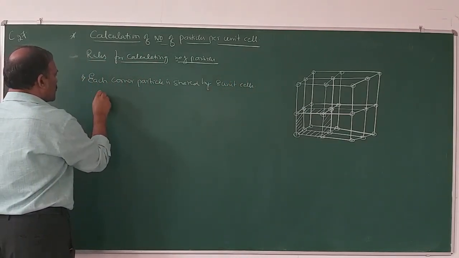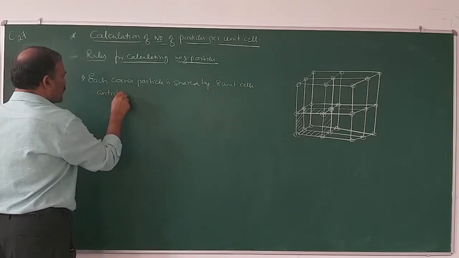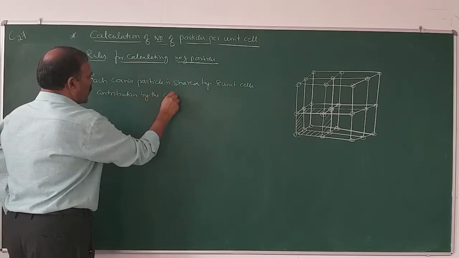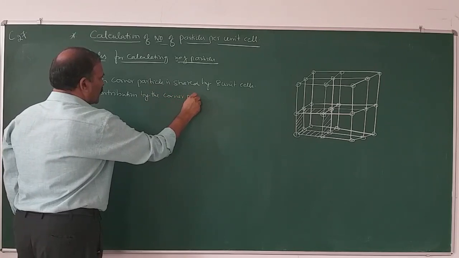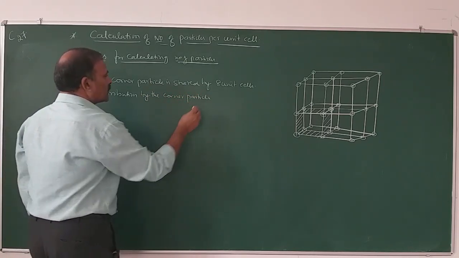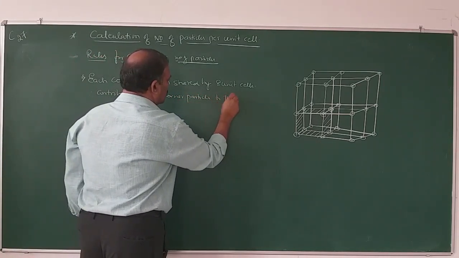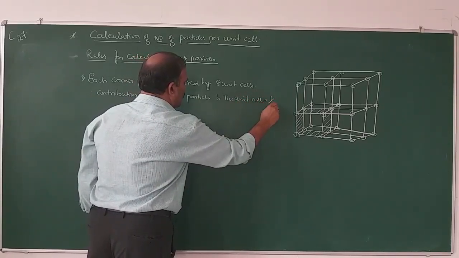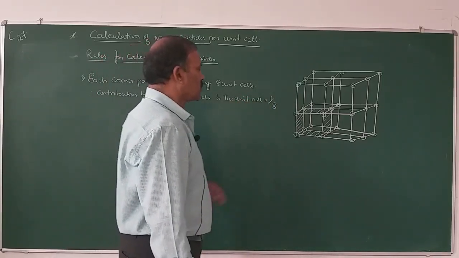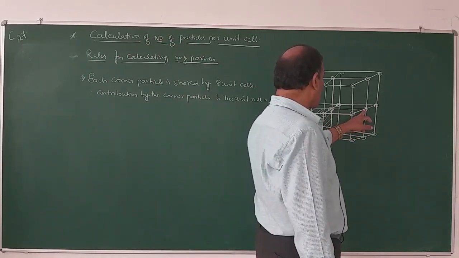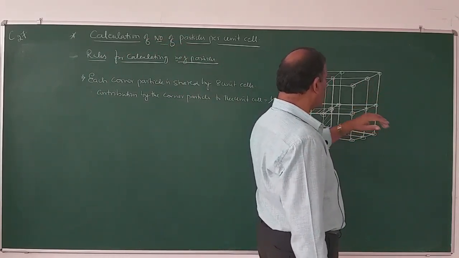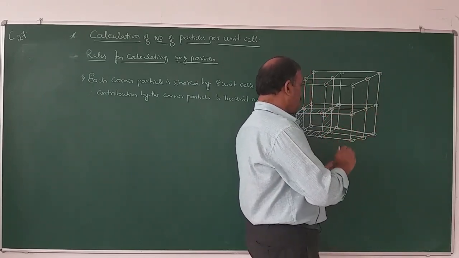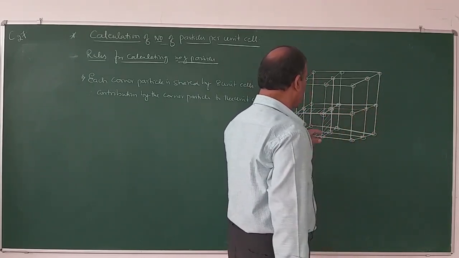Therefore, contribution by the corner particle to the unit cell equals 1 by 8. So similarly, this corner particle is also shared by 8 other unit cells. All corner particles are shared by 8 other unit cells.